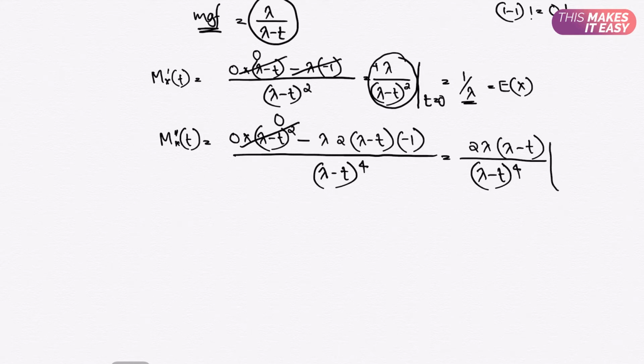If I set t equal to 0, then I will be left with 2 lambda square over lambda power 4, that is equal to 2 divided by lambda square. So this is the second moment.